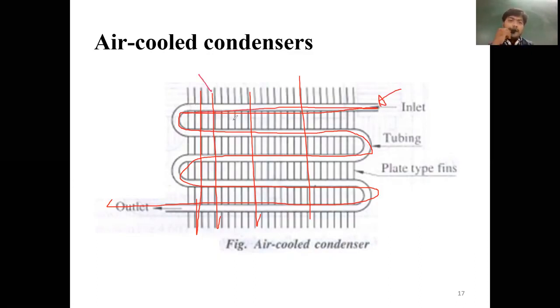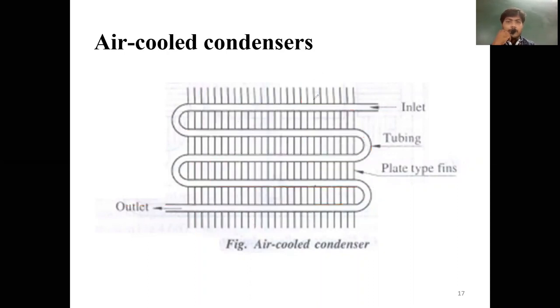So cold air passes over the fins, and heat is transferred from the hot vapor to the cold air. That's why heat is exchanged between vapor and air. At the outlet, we obtain liquid phase refrigerant.